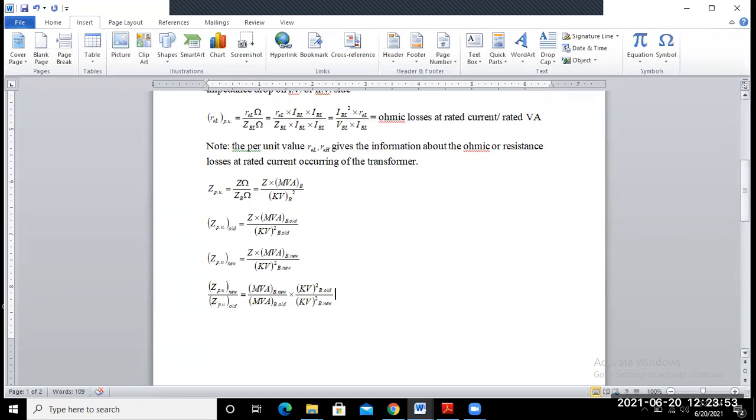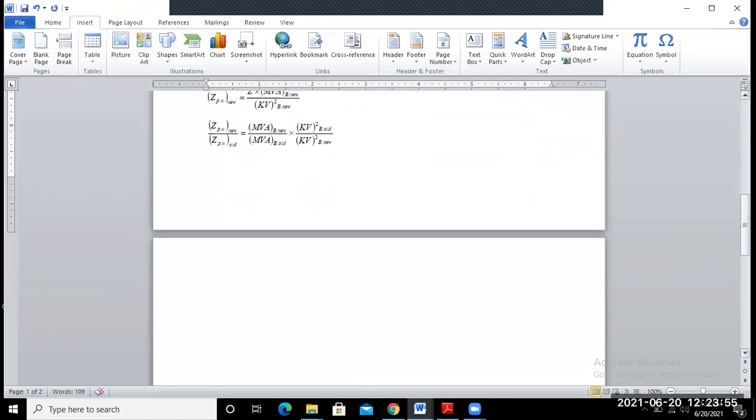So from here we can write the value of Z per unit new equal to Z per unit old into this one.